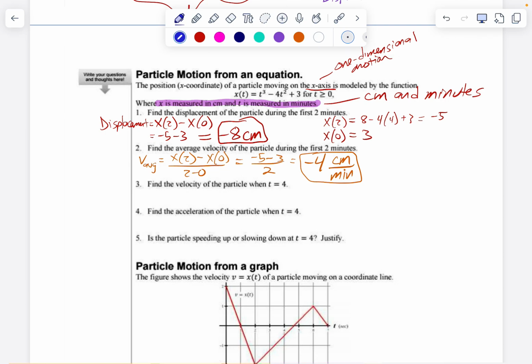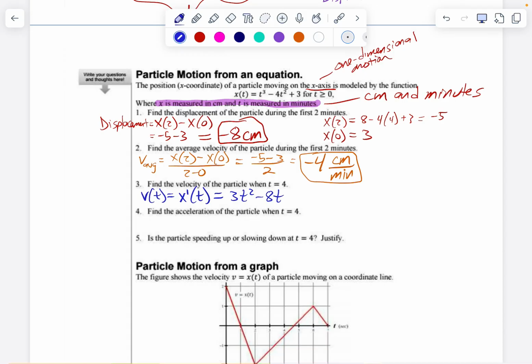Velocity is what? First derivative of our position. So that is x prime of t. And what is x prime of this particular function? 3t squared minus 8t.